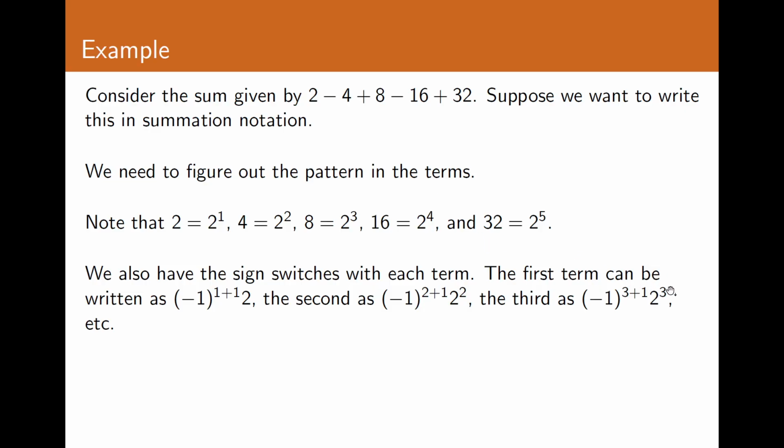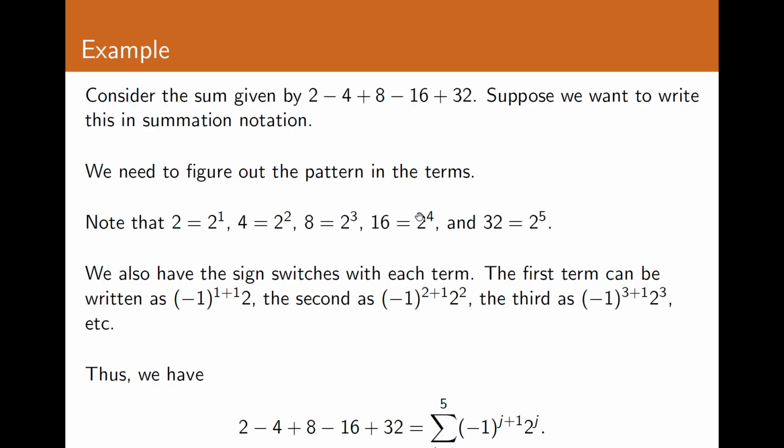For the third term, take the power of the 2, add 1 to it on top of the negative 1, and that'll give me my positive 8, and so on. So we see that 2 minus 4 plus 8 minus 16 plus 32 is given by this sum. This is a fairly complicated one to write, but it's good practice: to change one of these explicit sums into summation notation, we basically have to figure out what the patterns are as we go.